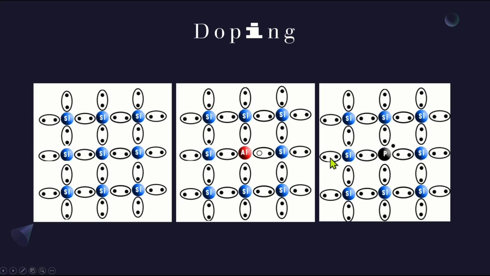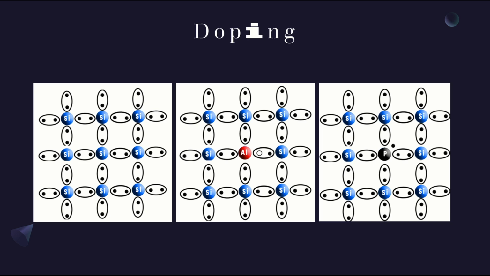Now coming to p-type doping, we add elements like boron, gallium or aluminum, which contain 3 valence electrons, and this creates a missing electron, or a hole, in the bonding structure. As you can see here, this is a hole in the bonding structure. So the hole concentration increases.